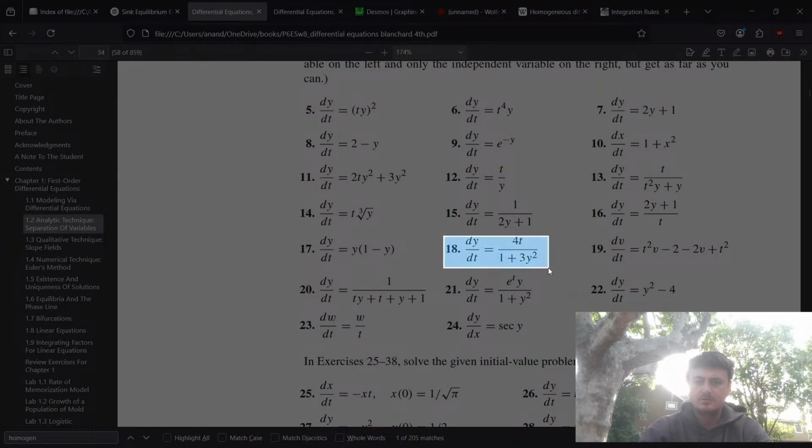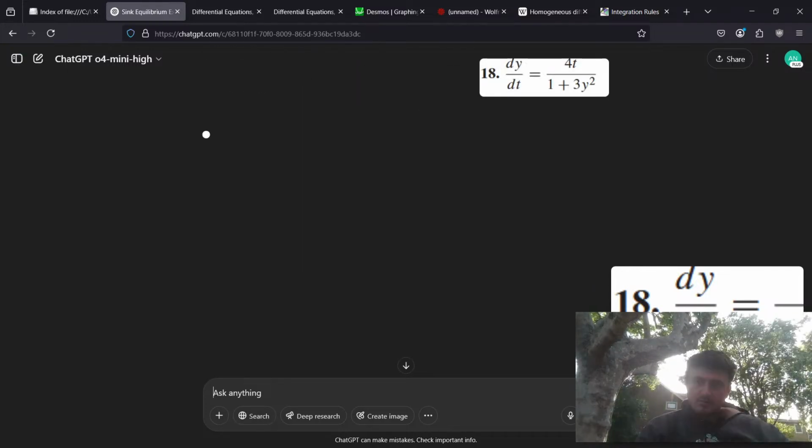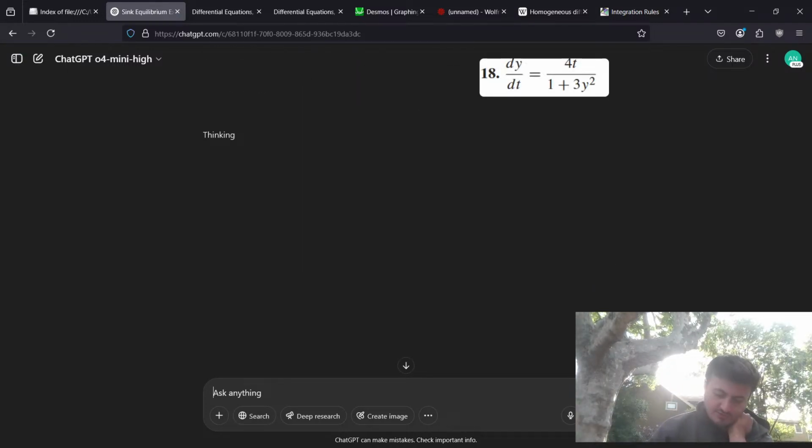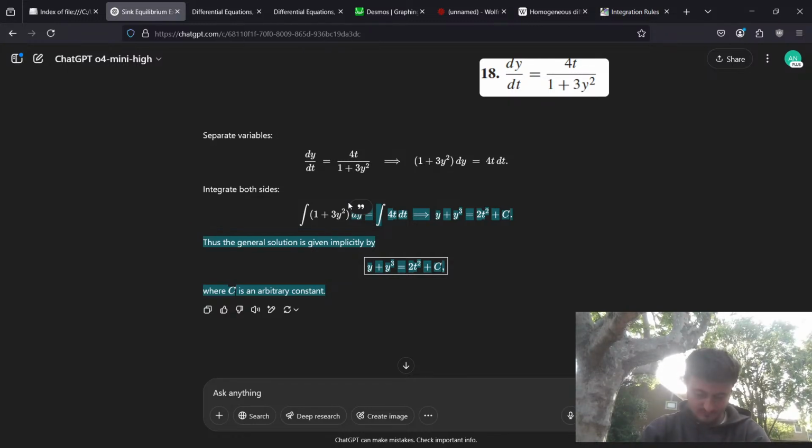Because I think it's going to use a power rule on the left side, but what I would do is just integrate linearly. I would just get y plus y cubed is equal to 2t squared. Oh, okay. Okay, cool. So yeah, we get y plus y cubed is equal to 2t squared plus c. Implicit solution. Okay.